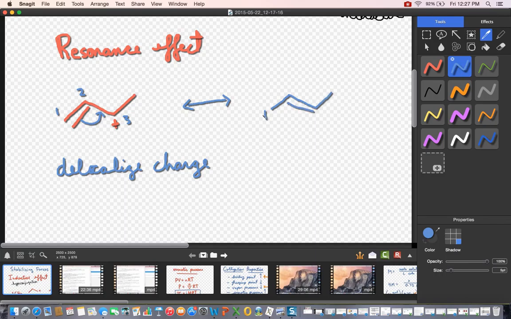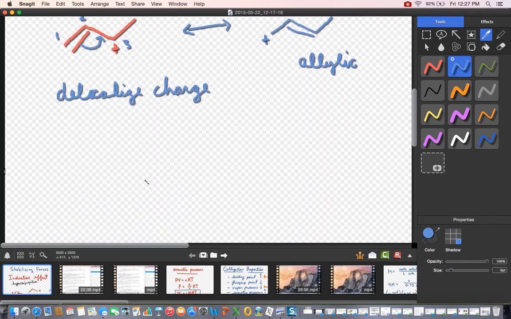And now the positive charge is on a primary carbon, but more importantly, it's allylic. So allylic carbocations are resonance stabilized. More importantly, benzylic carbocations are resonance stabilized. In fact, they're stabilized to a larger extent.